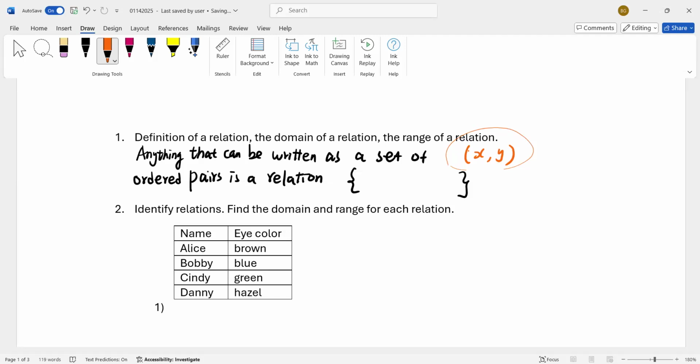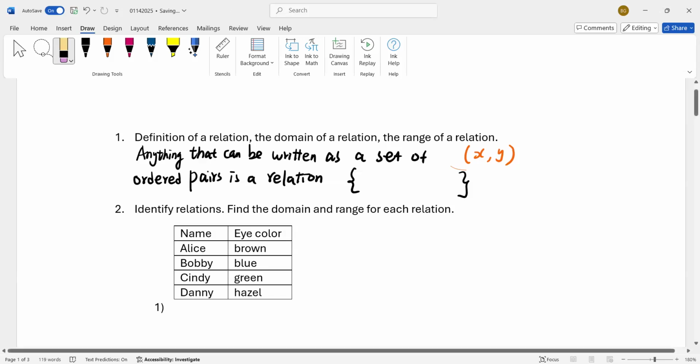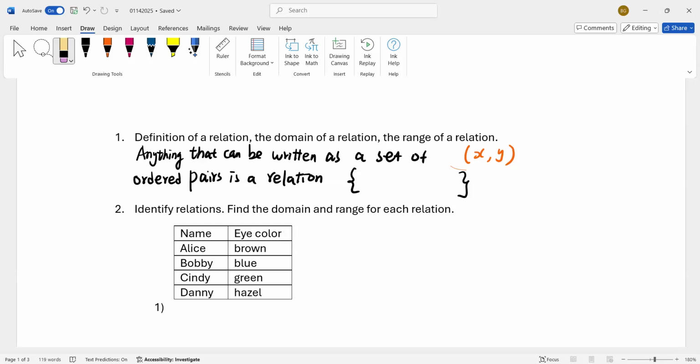Ordered here emphasizes the order of the two components matters. Let's say (2, 3) is different from (3, 2). If you switch the order of the two components, you will have a different ordered pair. So that's the definition for a relation. Anything that can be written as a set of ordered pairs is a relation.